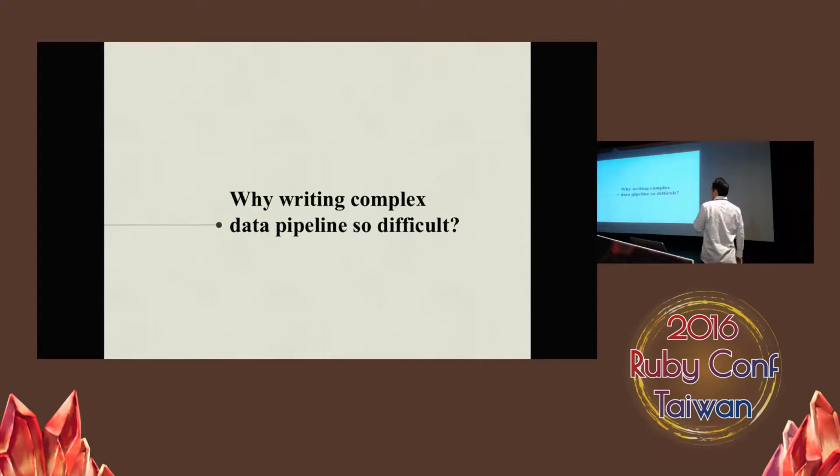So we have to write the data pipeline for analysis, but for some reasons, writing a data pipeline is not so easy. So why is writing a complex data pipeline so difficult?